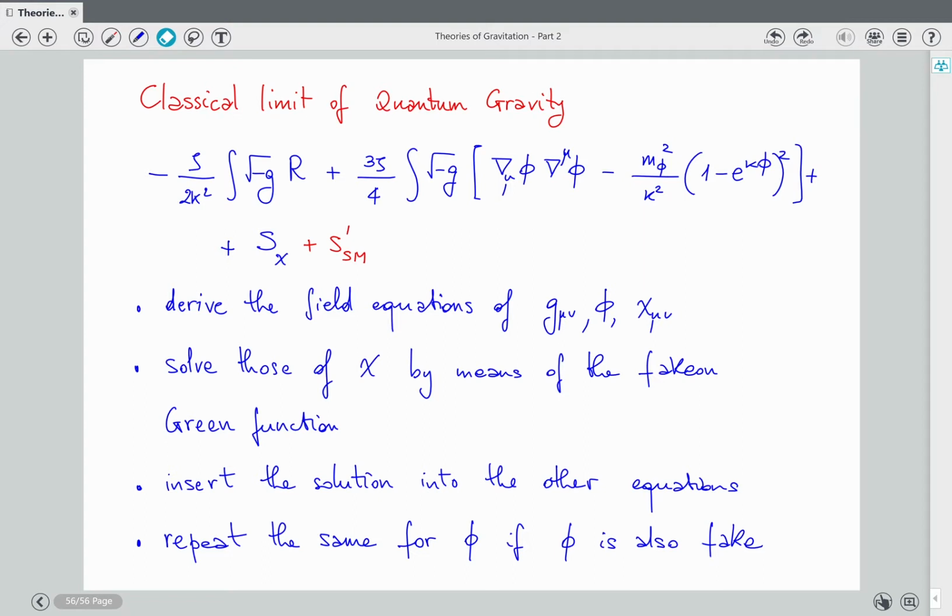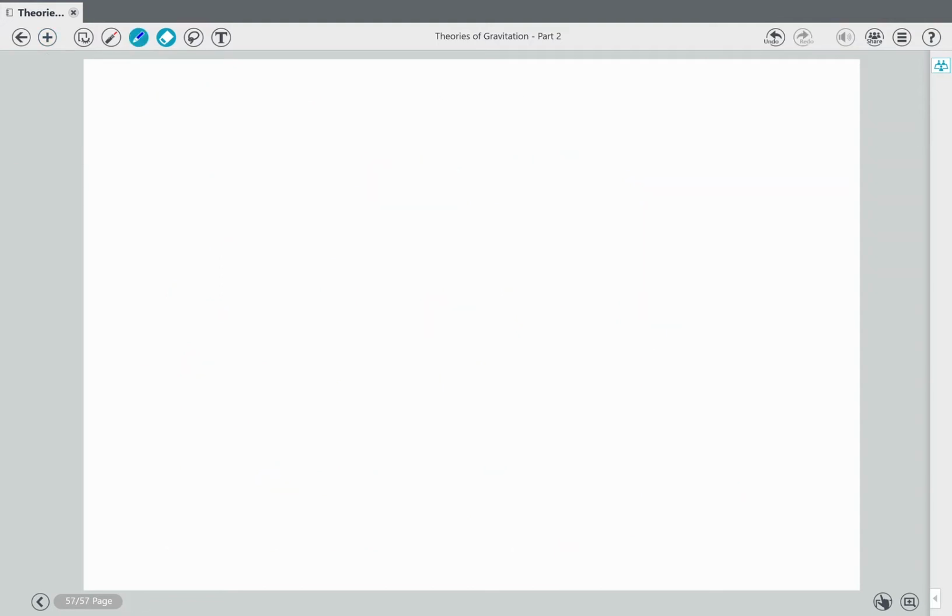And so what you are going to consider makes sense only if phi is treated as a fake itself, because chi mu nu is not. Let me describe what happens there.